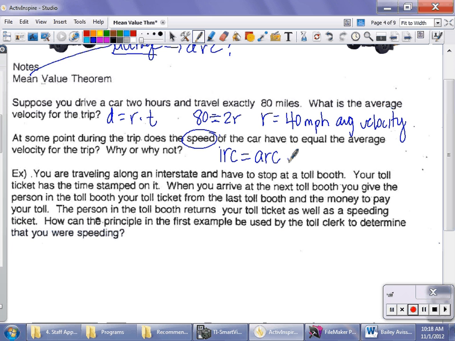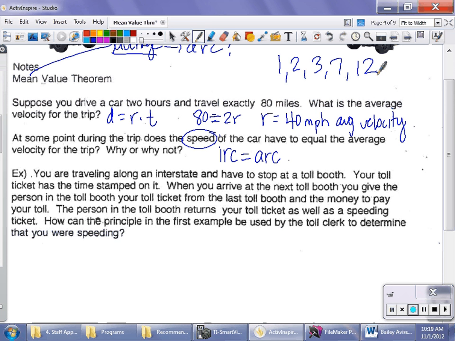Well, think about the nature of an average. An average is not going to be a value that's greater than all the numbers in your list. So if I had 1, 2, 3, 7, 12, and I find the average of those numbers by adding them and dividing by 5, the average is not going to be greater than 12, and it's not going to be less than 1. It's going to be some number between 1 and 12.